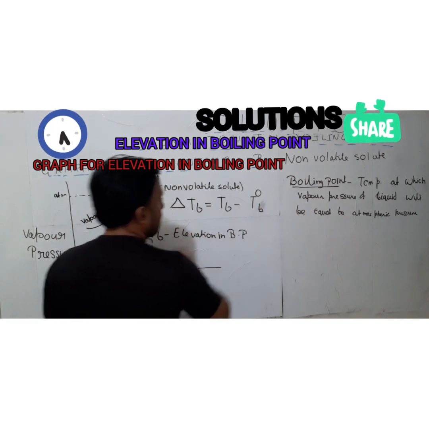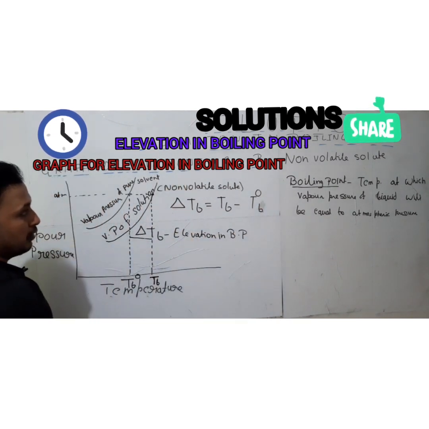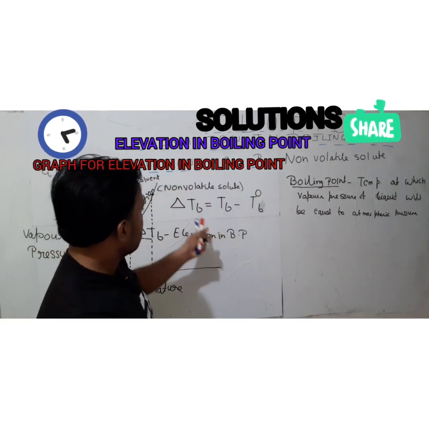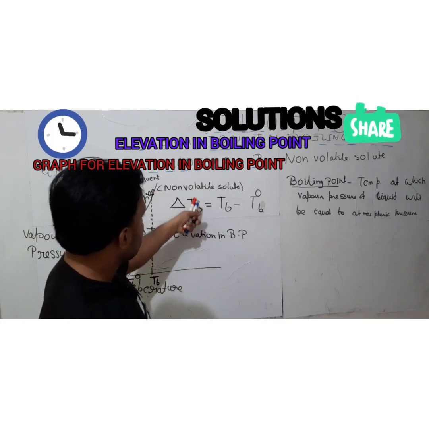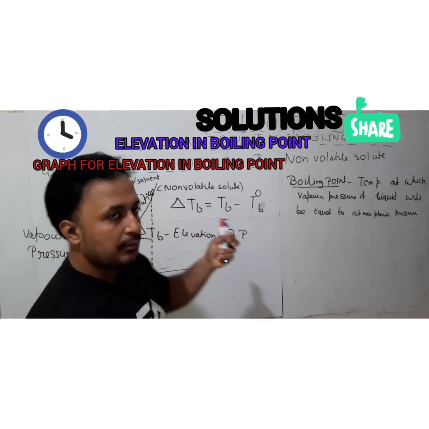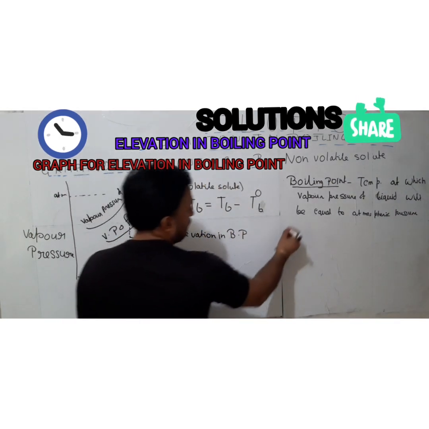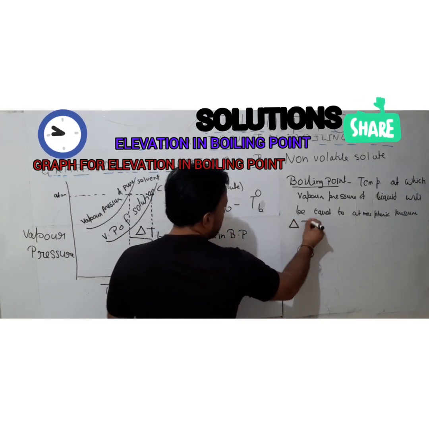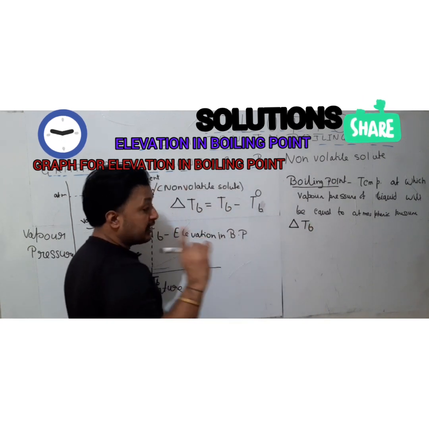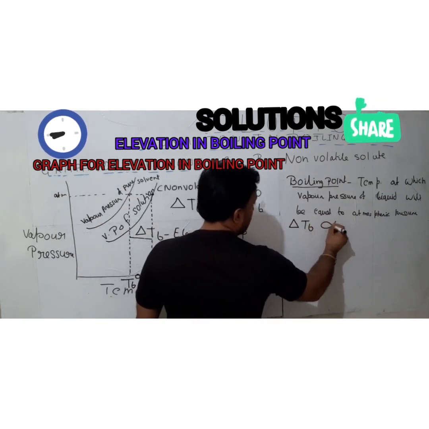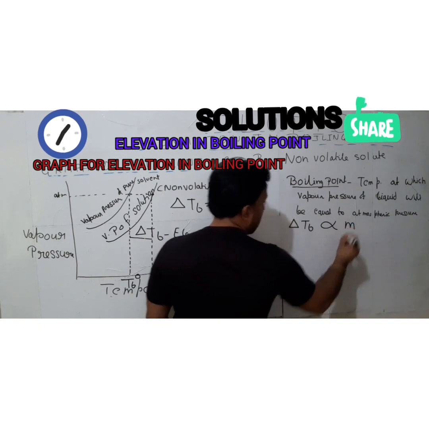Okay, understand? Now, the relationship between this elevation in boiling point and the amount of solute added is that the elevation in boiling point, delta TB, is proportional to small m.